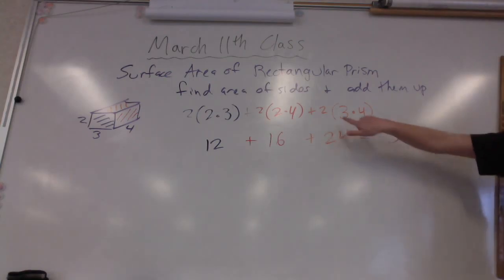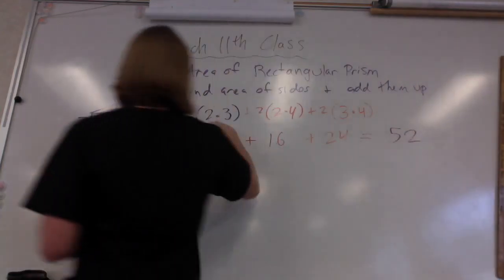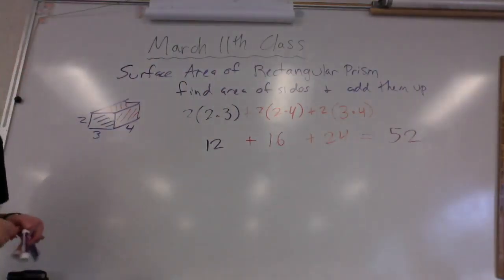Distribute the 2 into everything, which would be 4. 4 times 3 is 12. When you distribute it, you only distribute it to one thing that's being multiplied.